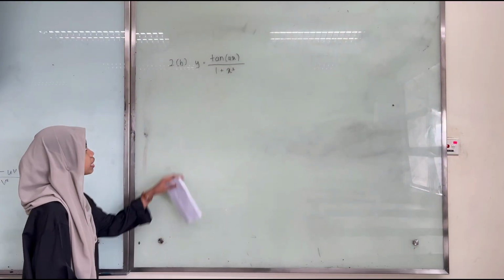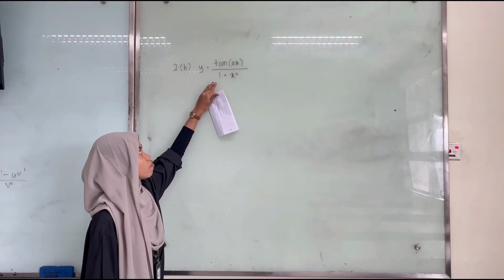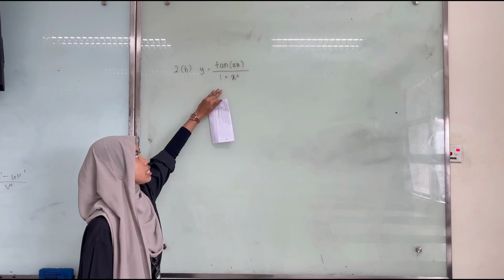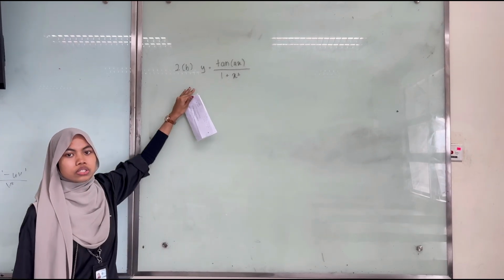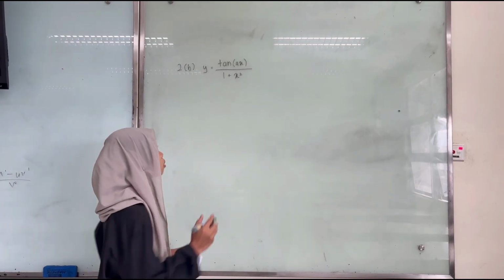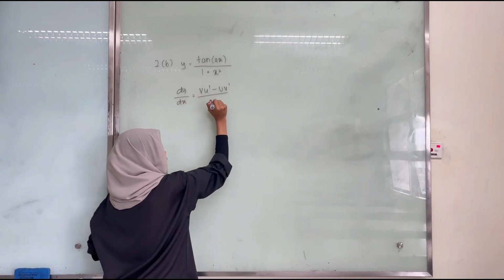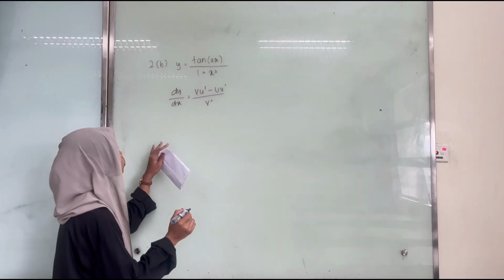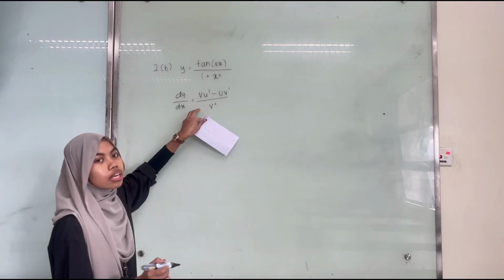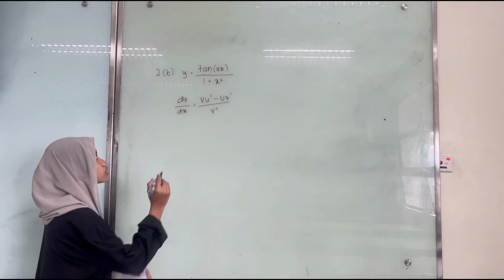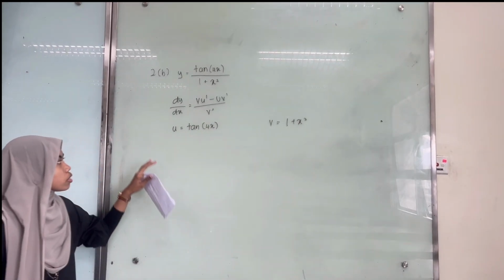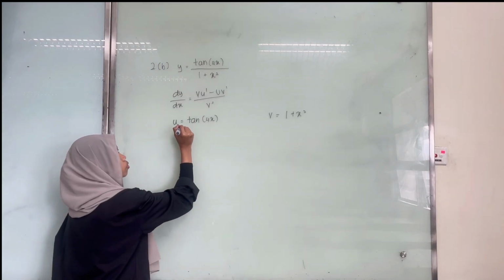Okay, question 2b, we have y equals tan 4x divided by 1 plus x squared. So as you can see here, the function involves division, so we have to use the quotient rule, which is u prime v minus u v prime, divided by v squared. We have to differentiate this function to get v, u, v prime, and u prime. So differentiate u prime.